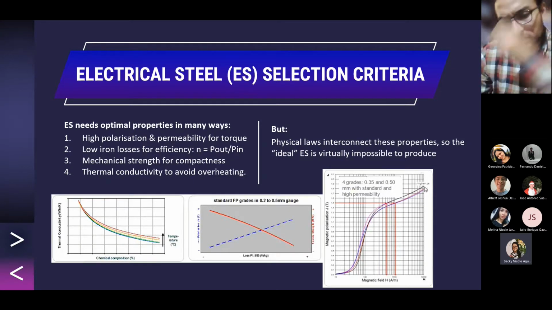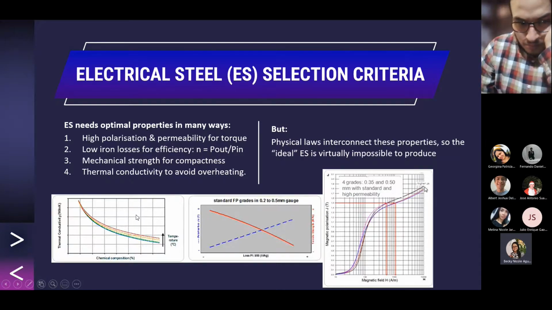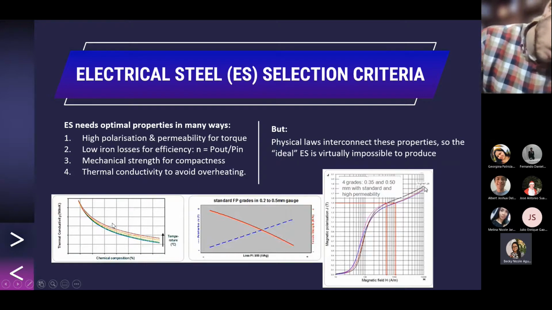Also, because of the alloy content, it will have an influence on the material properties because the tensile strength will increase. And the last point, but not less important, is that when more alloying elements are placed, from the left to the right of this graph, the thermal conductivity will reduce.